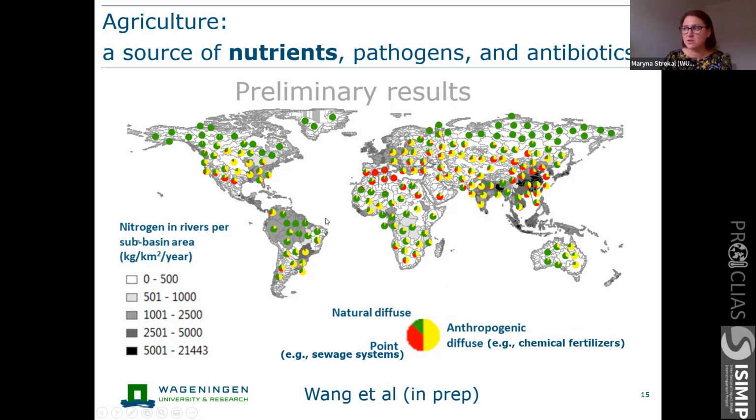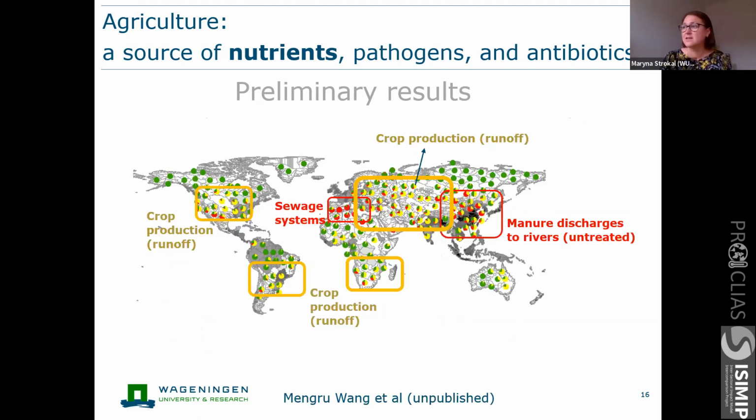If we look closer to the sources of nitrogen pollution, then we see that in different parts, different sources contribute. For instance, in China, we see a lot of red, and that's manure discharges to rivers. So manure is not used on the land, but is discharged to rivers untreated.